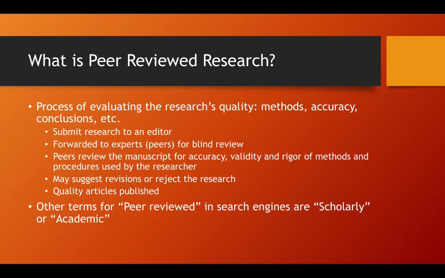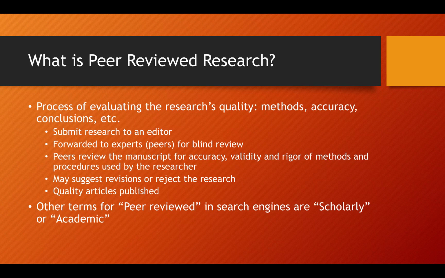Did they just study 2 people, or did they study 50 people? 50 people are going to give us more reliable, more accurate, more valid measures. And then finally, they'll look at the conclusions that were made based upon that data and the recommendations that the authors made. So what it does is ensure that the information published in these journals is accurate, of high quality, and makes sense based upon what we know.